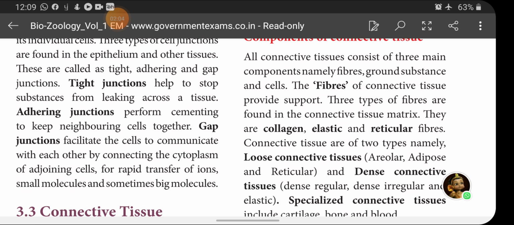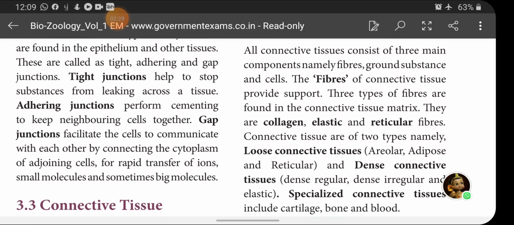The fibers of connective tissues provide support. Three types of fibers are found in the connective tissue matrix: collagen fibers, elastic fibers and reticular fibers. Actually, the fibers of connective tissue only provide support to the body.